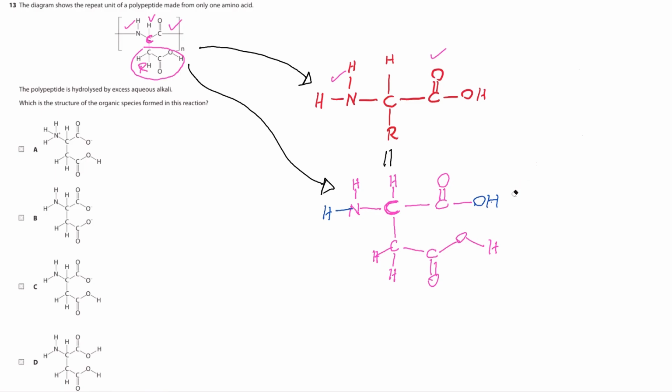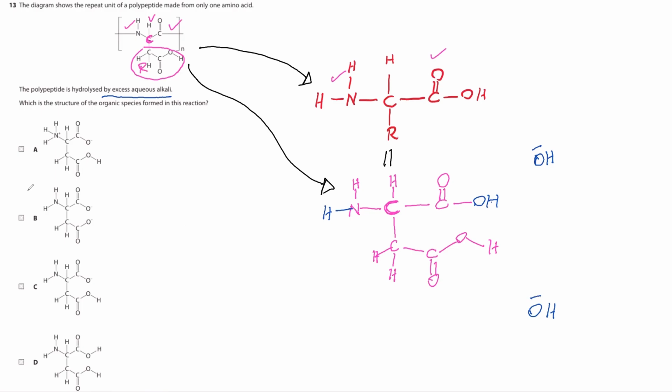But they are saying that this hydrolysis is done in some medium: by using excess aqueous alkali. That means the medium of this reaction is an alkali medium, so there's a base. Let's assume a base like sodium hydroxide has OH minus ions. A basic medium reacts with acid.